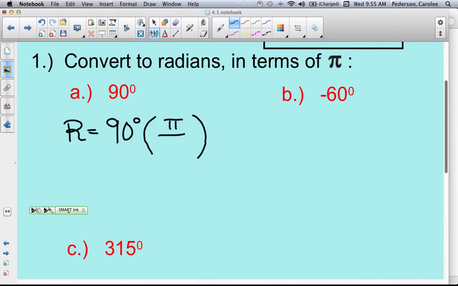Pi over 180 degrees. And what will happen is those degree symbols are going to cancel. And then we multiply across, and then we try and reduce that fraction.